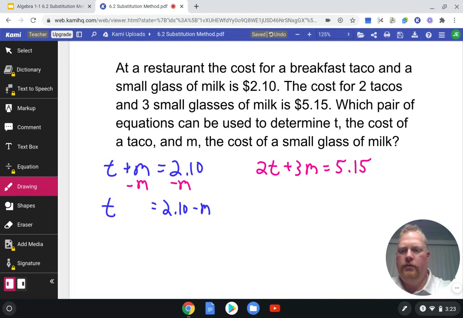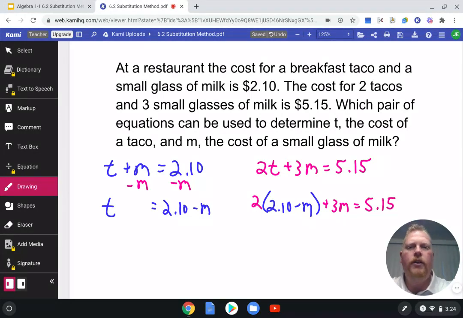So let's go over to the other equation, and where T is, replace it with 210 minus M. Distribute, and I get $4.20 minus 2M plus 3M equals $5.15. Collect like terms.